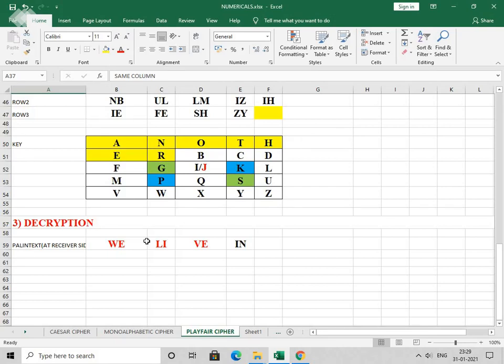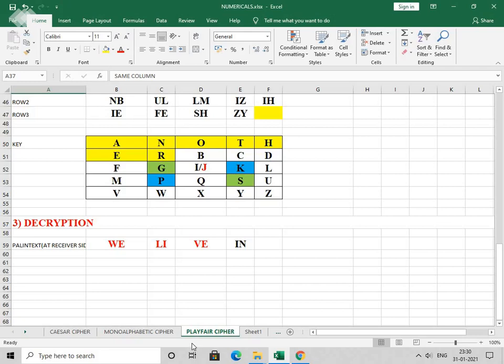So take the first letter from the plaintext pair, locate its position in the key matrix, then move across the row, that is right or left, until it is lined up with the second letter in a pair. Then start with the second letter and move down and up the column until it is lined up with the first letter. So the letters at the intersection are the ciphertext for the said pair.